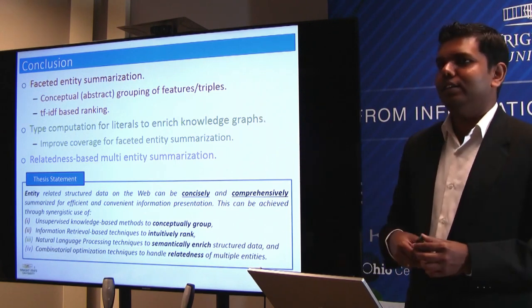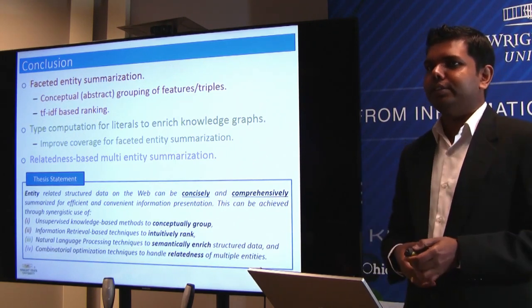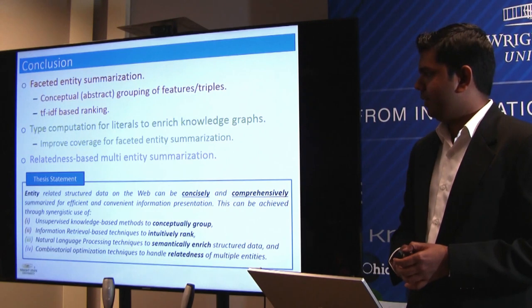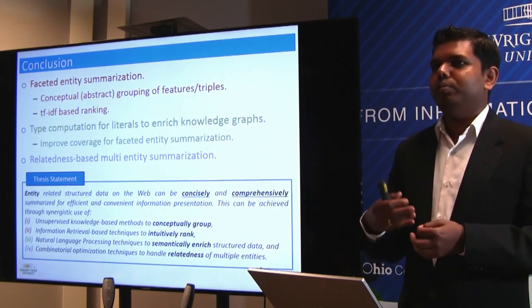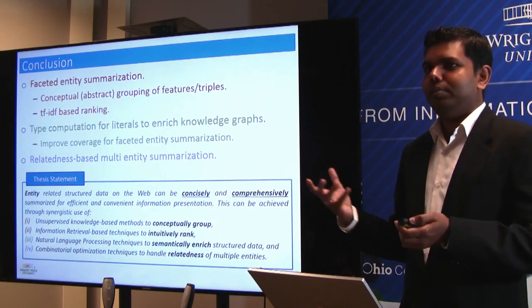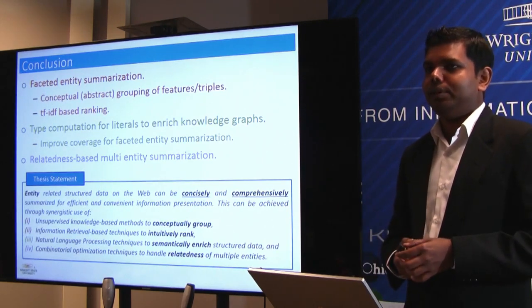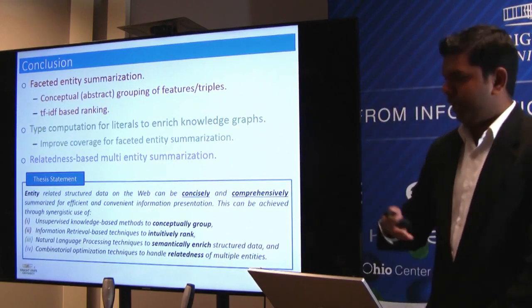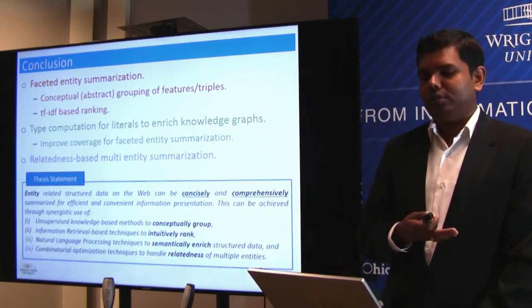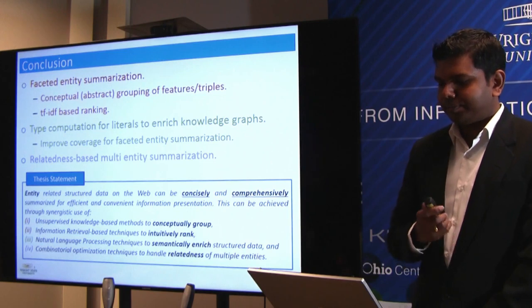The second is we introduce a typing mechanism for literals, and lastly we try to compute more than one entity at a time, maximizing their inter-summary relatedness. So that concludes the approaches that I want to talk about in this presentation.